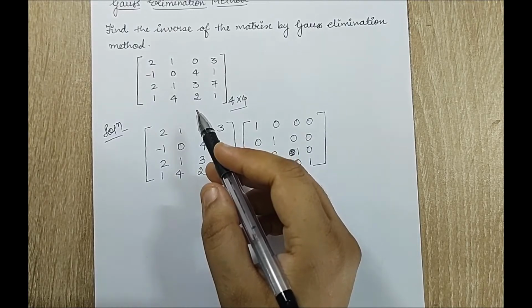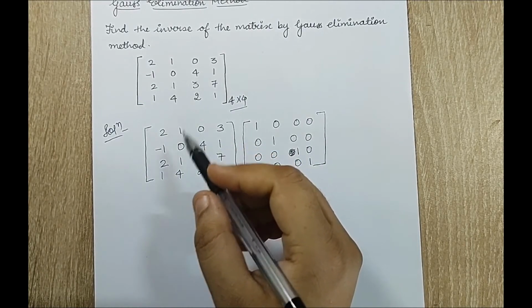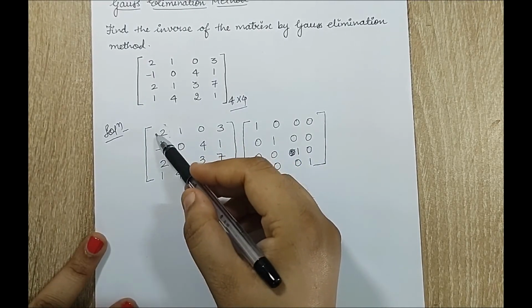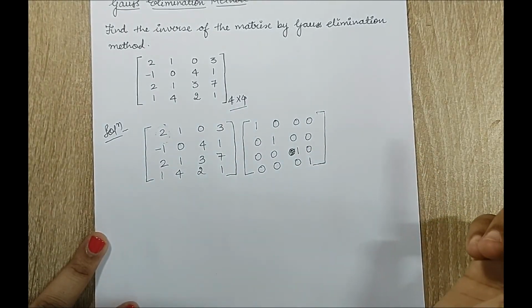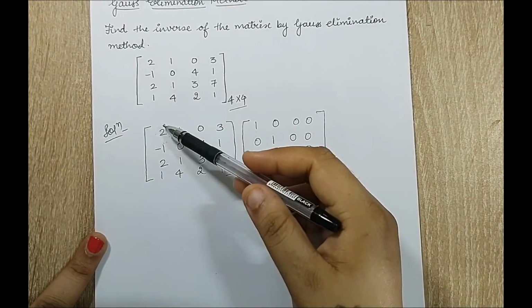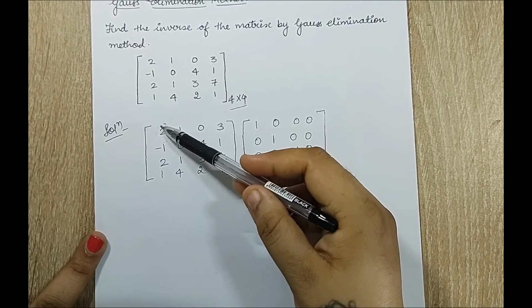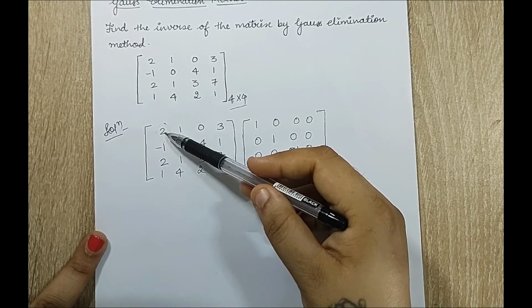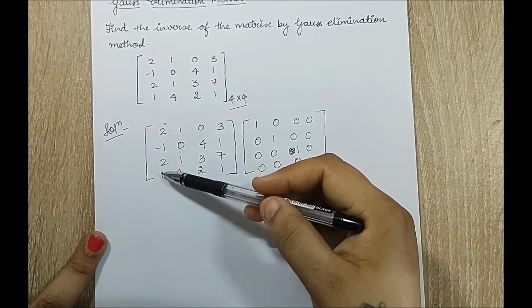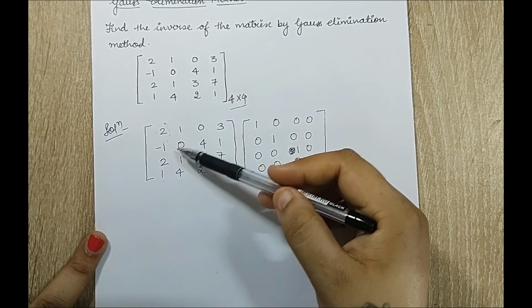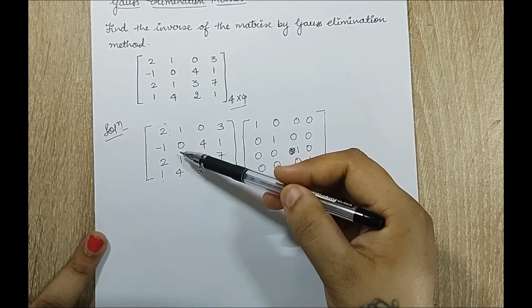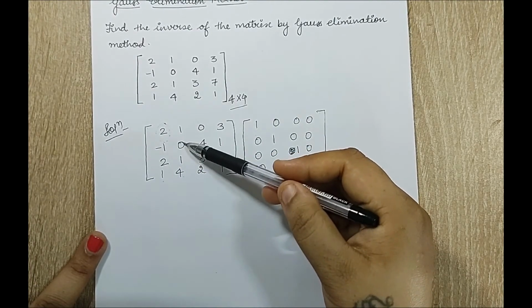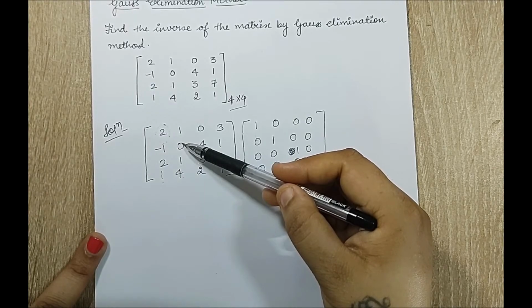Now I will start by first using a row transformation wherein I am going to convert this 2 into 1, because you can observe unit matrix has the first element as 1. Now there is a trick for solving this numerical, that is, you should first focus on this first element, convert it into 1, make all the elements below it as 0, then go to the second element over here, make it as 1, correspondingly make these elements as 0 by obviously using this element which you have formed.